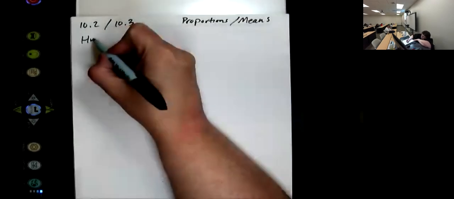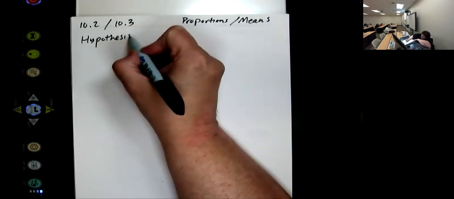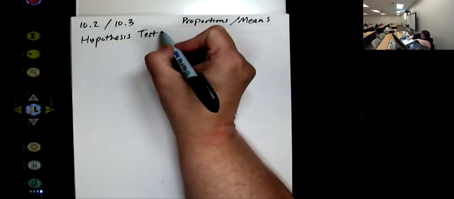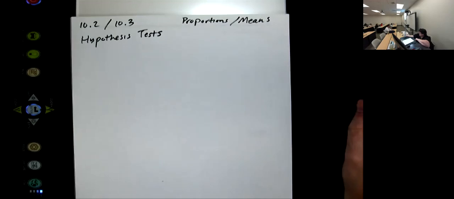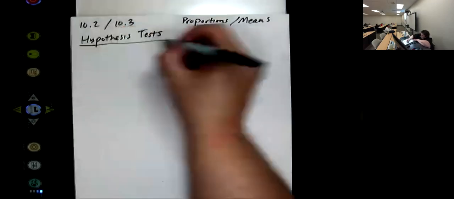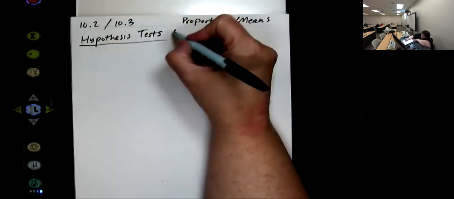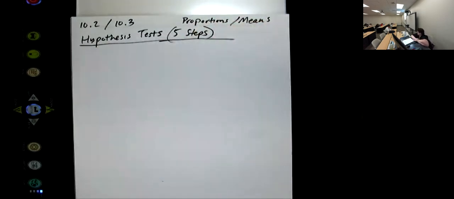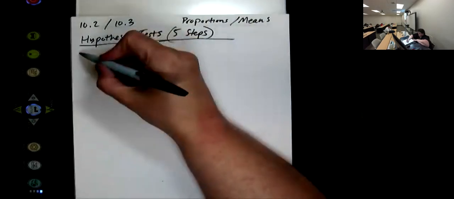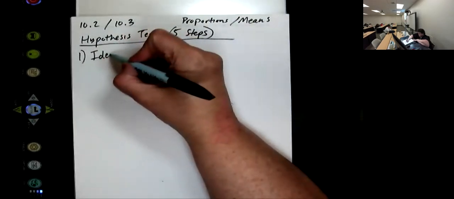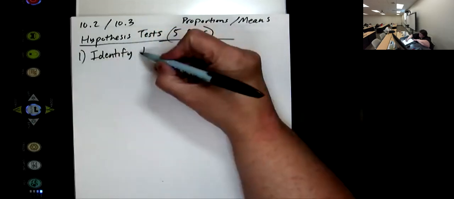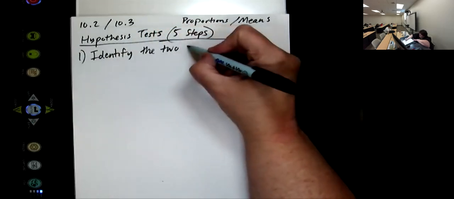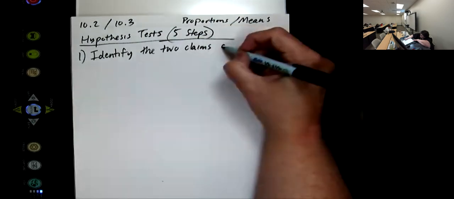So the hypothesis test. I did not bring the copies that I had. I don't know if anyone's in here that wasn't in here on Thursday when we had all the sheets out, the 5 steps of the hypothesis test. 5 steps. Step 1, identify the 2 claims and label them.